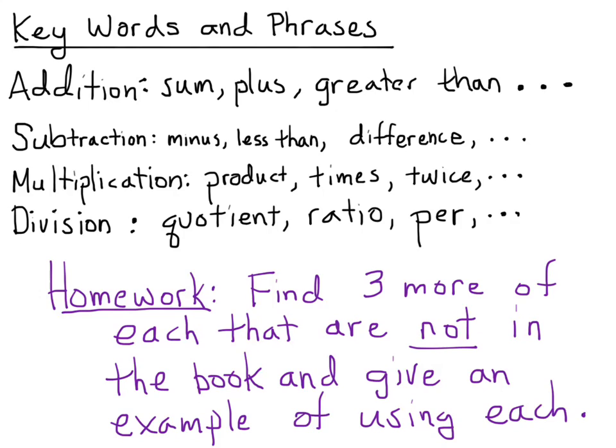I scanned through a couple algebra books a couple months ago, and each of them had a different list. There's no set defined list. You have to think in terms of what these keywords are, what you're looking for, and they're oftentimes the first thing you use to unpack a sentence.